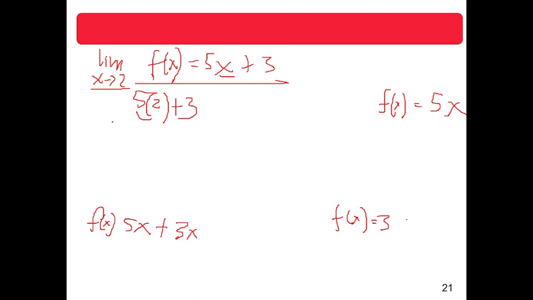Okay po? So 5 times 2, the answer is 10, plus 3, and the value of your limit is 13 po.